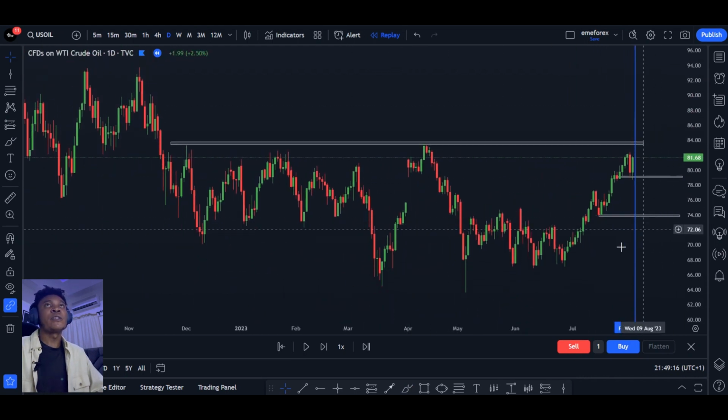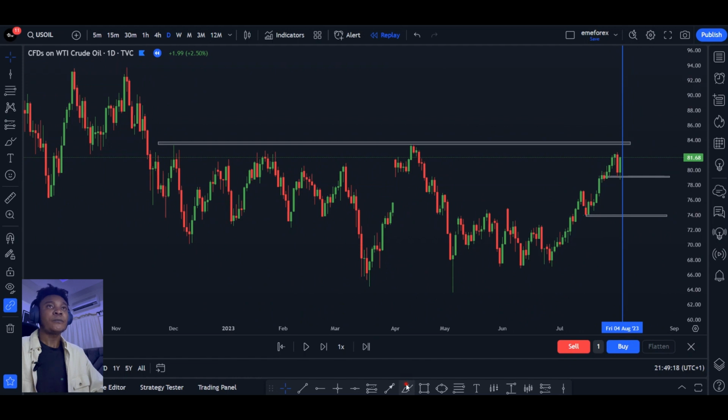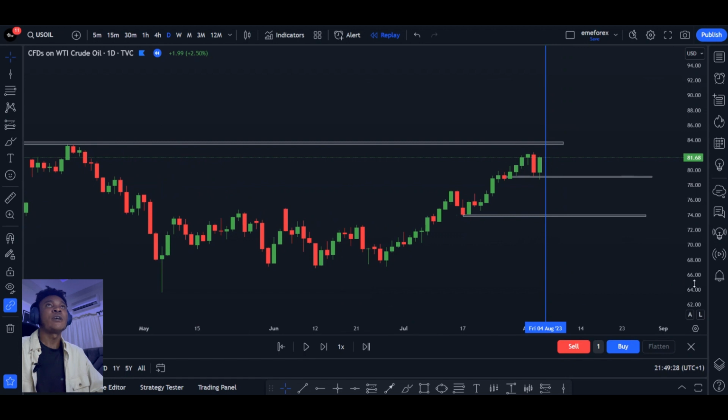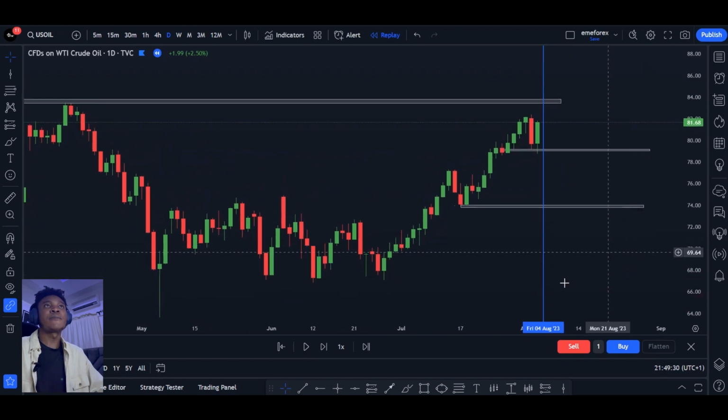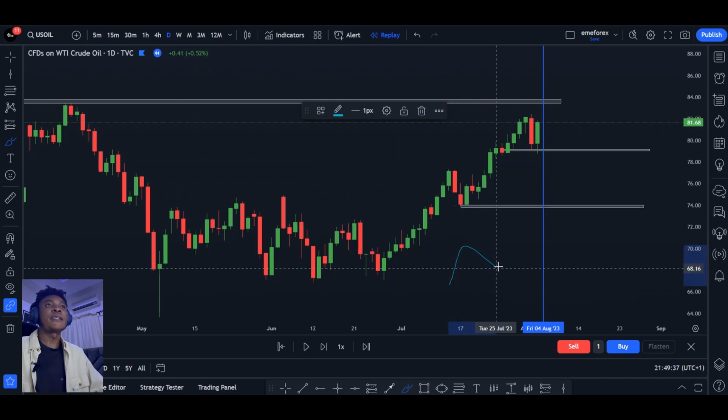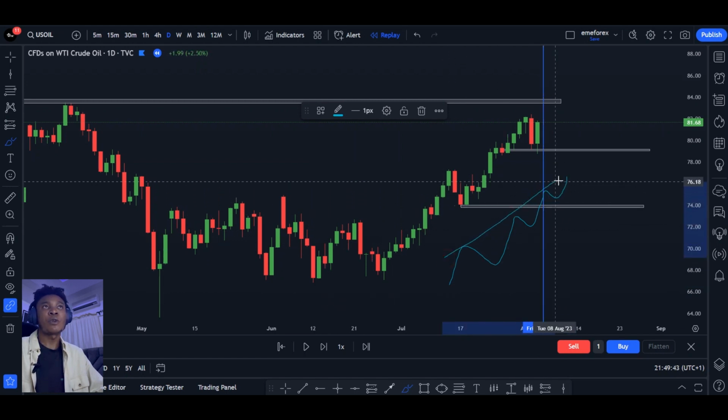If you look back to the left here, you notice that oil has been trending for a bit. We've been trickling up for a bit, and while we are trending to the upside here, the market usually creates waves, which gives us that price build up to the upside. So usually if you notice, when we're trending up, the market gives us waves like this, which is a higher high and a higher low kind of formation that we all know.